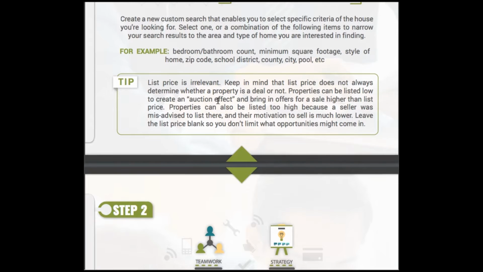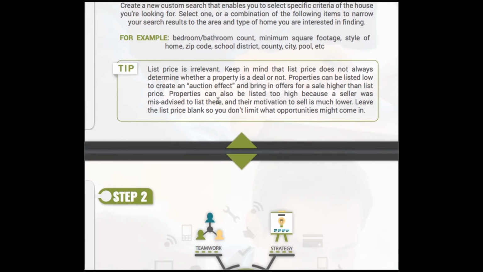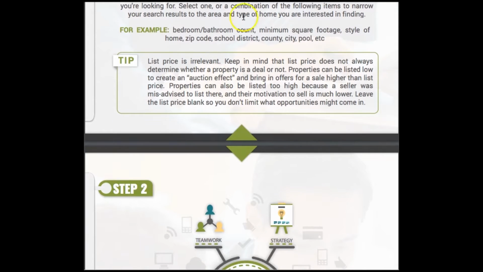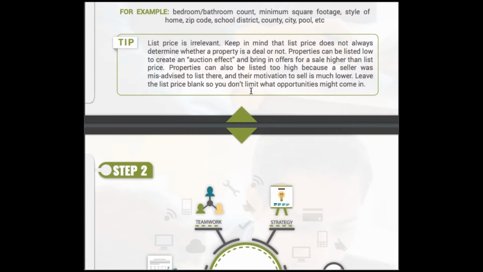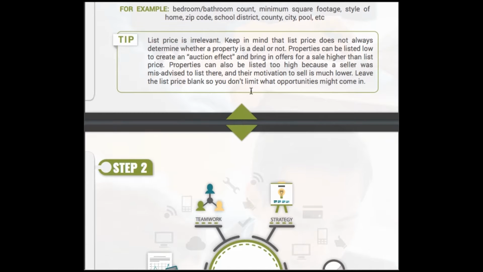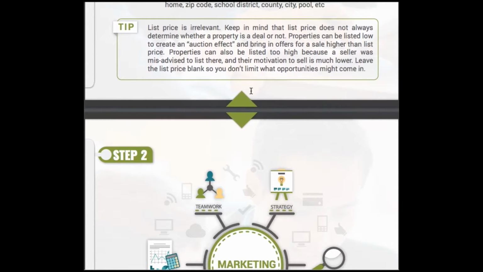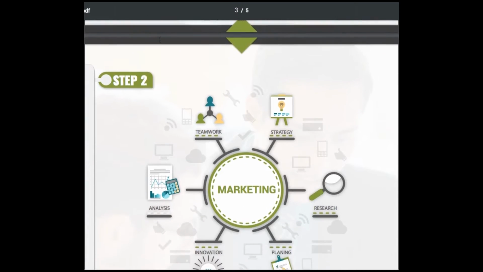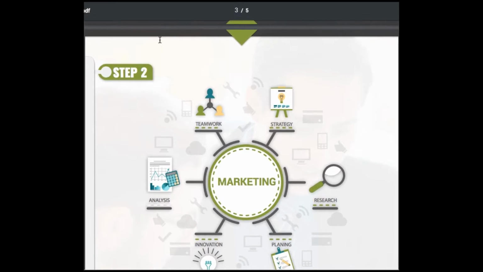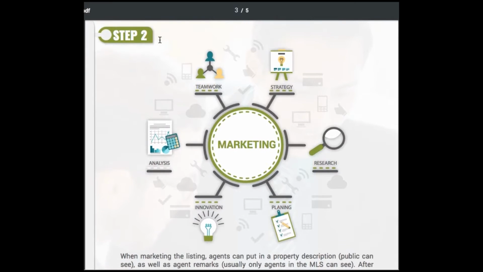So for example, you can choose the bedroom and bathroom count, minimum square footage, style of the home, the zip code, district, county, whatever it may be. Like I said, I like to leave it as broad and generic as possible, leaving most of the sections open and using specific keywords to narrow down the search for me.